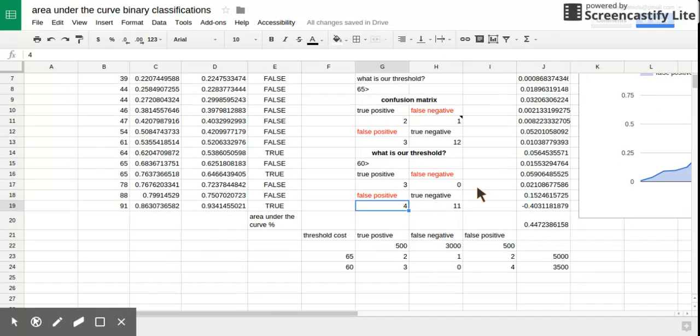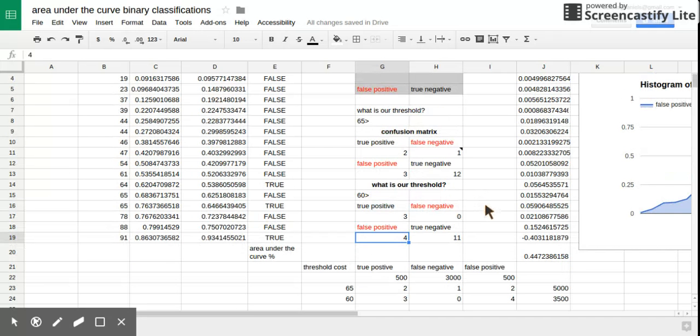Now, these are arbitrary numbers, and of course you're going to set your own threshold costs. But in this case, I've set my true positive to a value of 500, my false negative to a value of 3,000, my false positive to a value of 500, and my true negative actually does have a value as well, but I didn't include that here, and you can add your own.